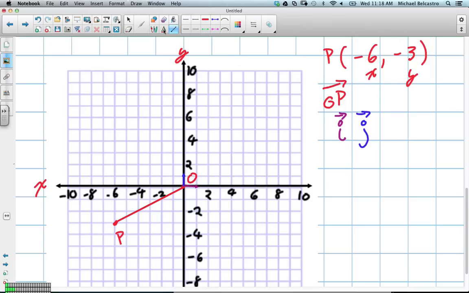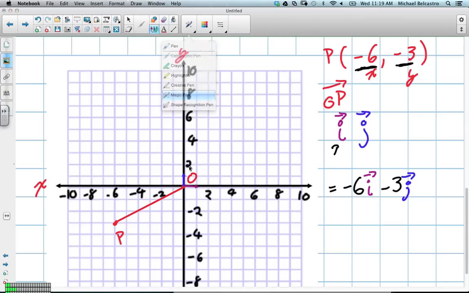So if we were to represent this in terms of unit vectors, we would give it the scalar multiple of -6 for our vector i, because that's our x. So it's -6 vector i. And then we give it the scalar multiple of -3 for vector j. So -6 vector i, subtract 3 vector j. And this is our OP, the positional vector, written as unit vectors.